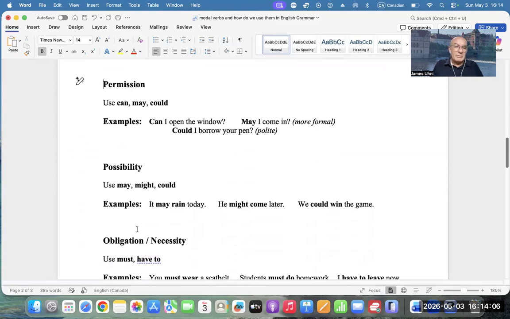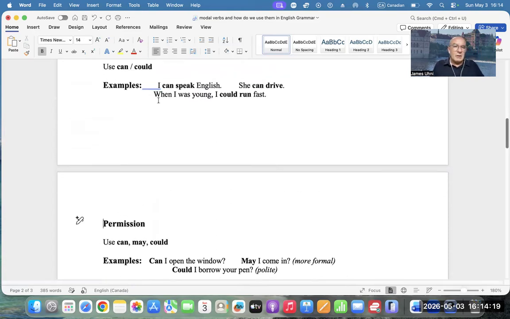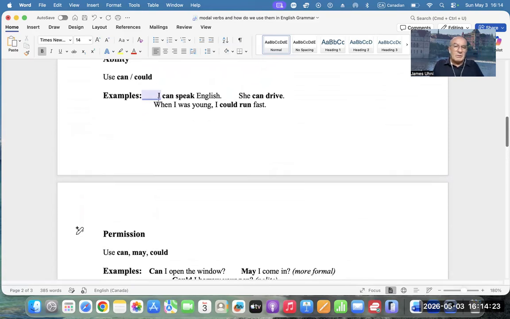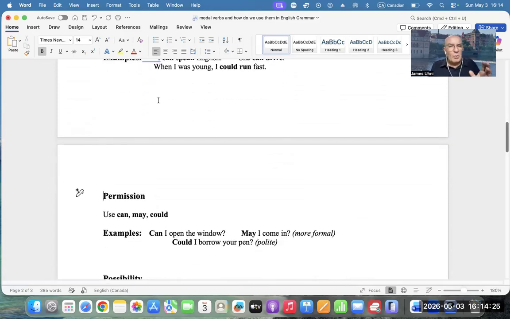Possibility, and here we have may, might, and could. Now, could is in possibility, permission, and ability. So don't try to memorize where what comes, how it affects.